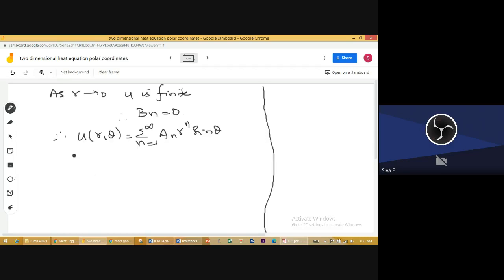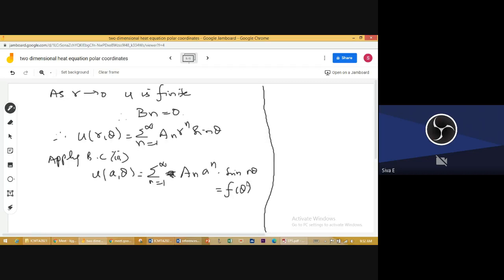Applying the last boundary condition, boundary condition 3 here. That means u of a comma theta equal to summation of n equal to 1 to infinity An a power n sine n theta. We know that is some f of theta.